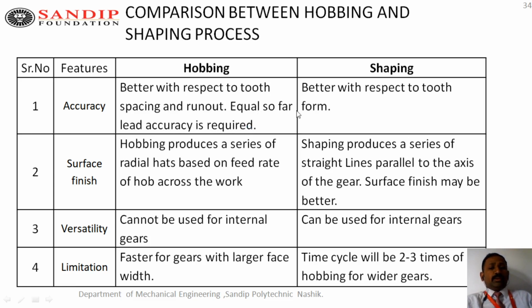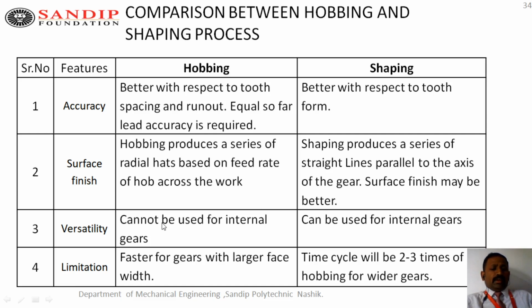Shaping is better with respect to tooth form, depending on the tooth form, while tooth spacing and run out accuracy is higher in hobbing. Now surface finish. Hobbing produces a series of radial heads based on the feed rate, as the hob cuts across the work. But shaping produces a series of straight lines parallel to the axis. The surface finish may be better; it depends.